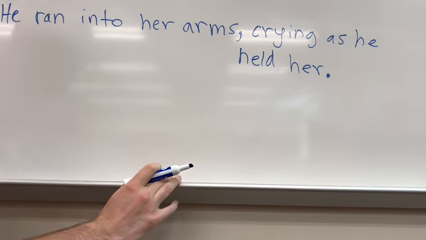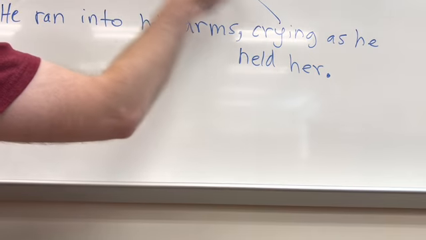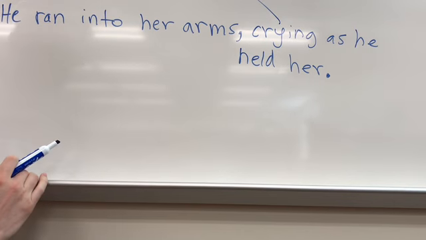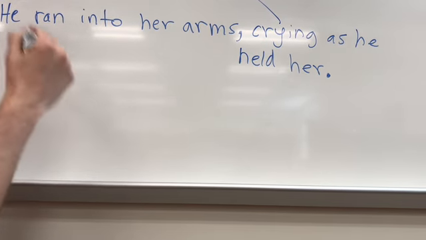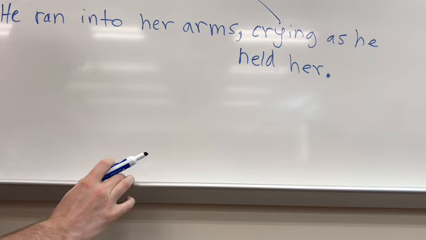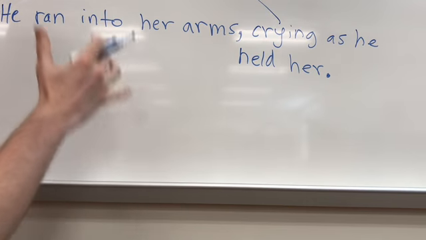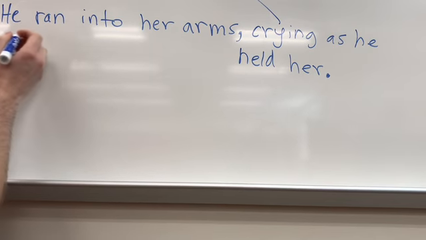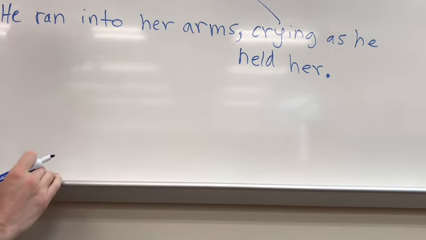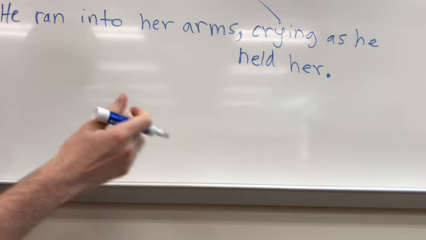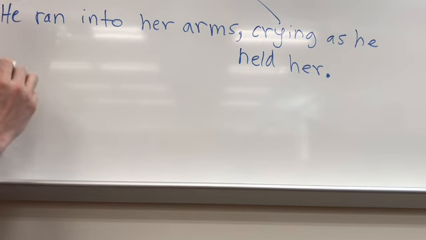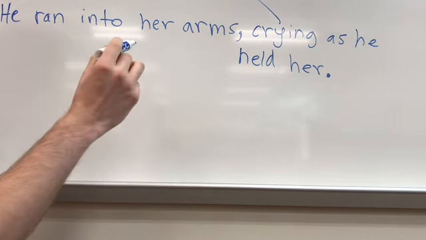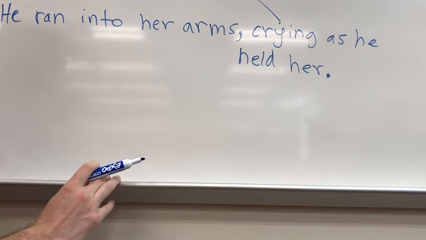In this case, it would be difficult for me to change the syntax and put this at the beginning, because if I said, "Crying as he held her, he ran into her arms," the chronological order is kind of messed up, because how could he be holding her at the beginning if he then ran into her arms afterwards? In this case, the syntactical choice that makes sense is to say, "He ran into her arms, crying as he held her."